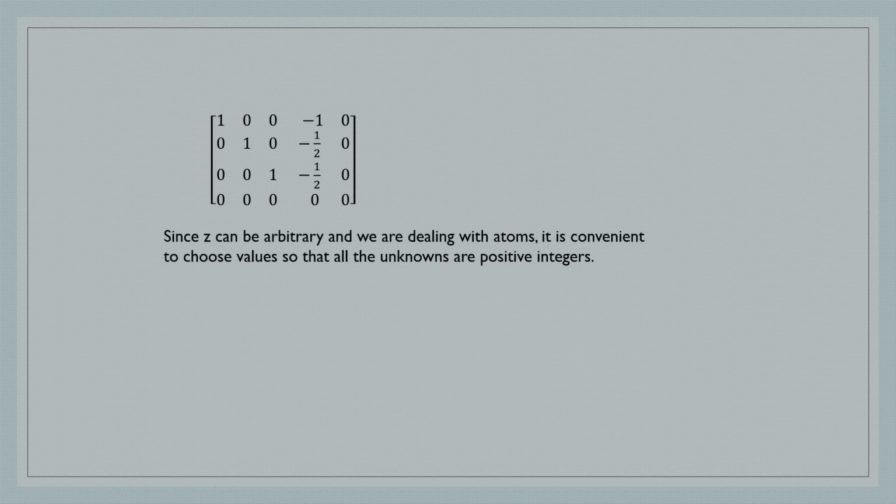Since z is arbitrary, we can take z to be an arbitrary element. Since we are dealing with atoms, it is convenient to choose z to be a positive integer. Instead of taking z equal to negative half, we can take z equal to negative half times t, and if I take t to be negative 4, then you will get z equal to 2. So it is one such choice for z.